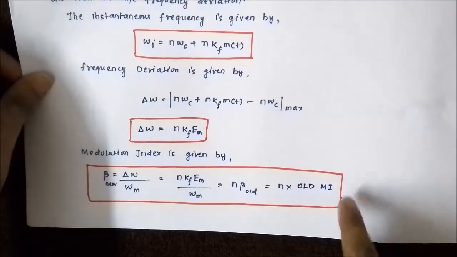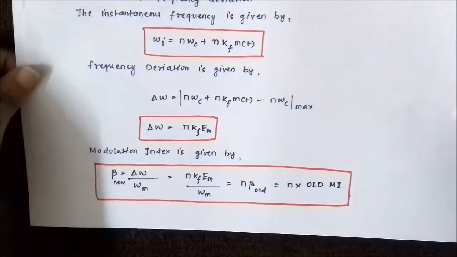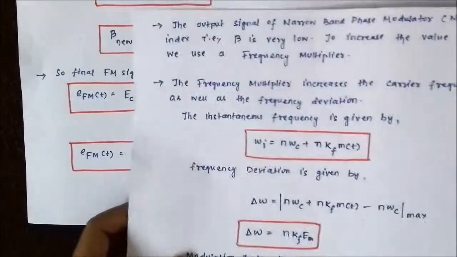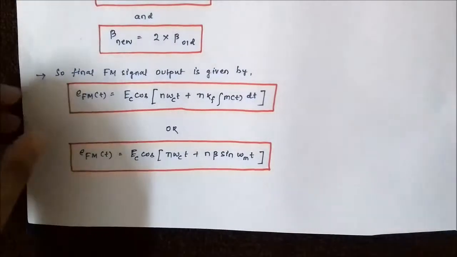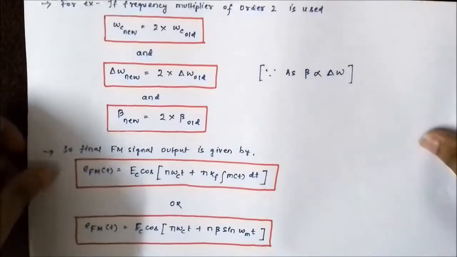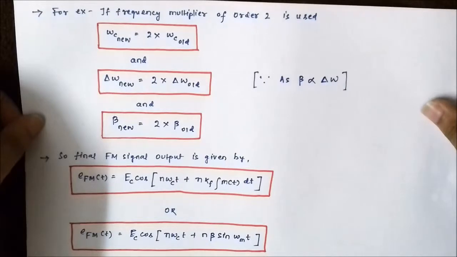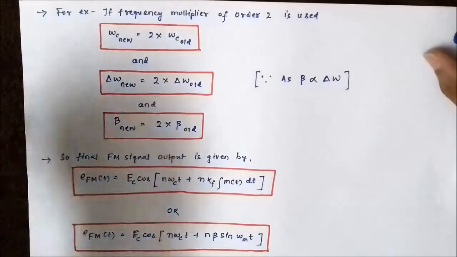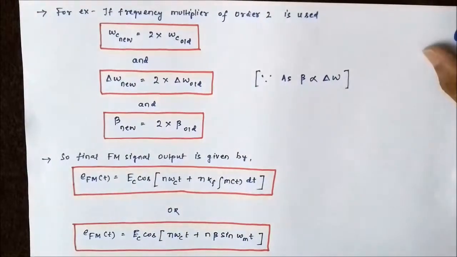In this way we get a wideband frequency modulated signal. Now suppose we choose the n value as 2. The new carrier frequency will become twice the old carrier frequency, the new frequency deviation will become twice the old frequency deviation, and the new modulation index will become twice the old modulation index.